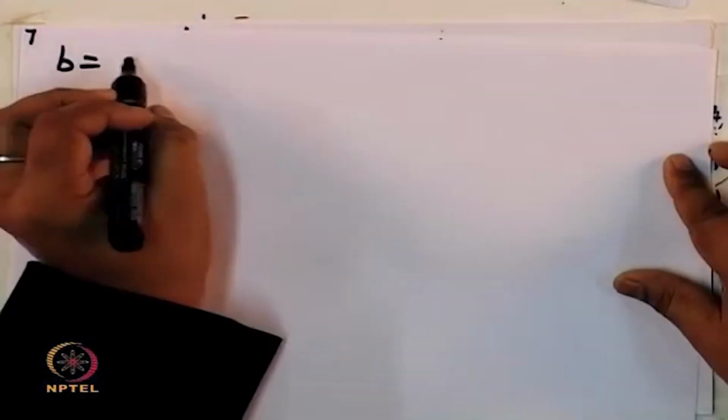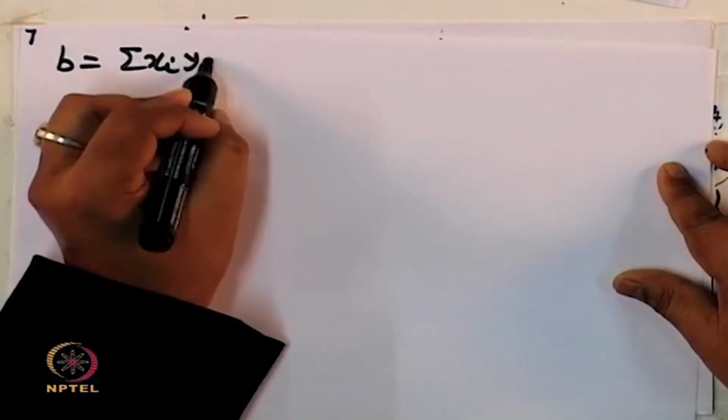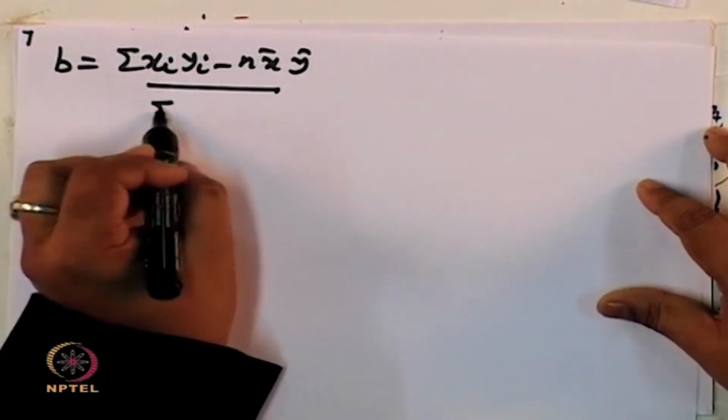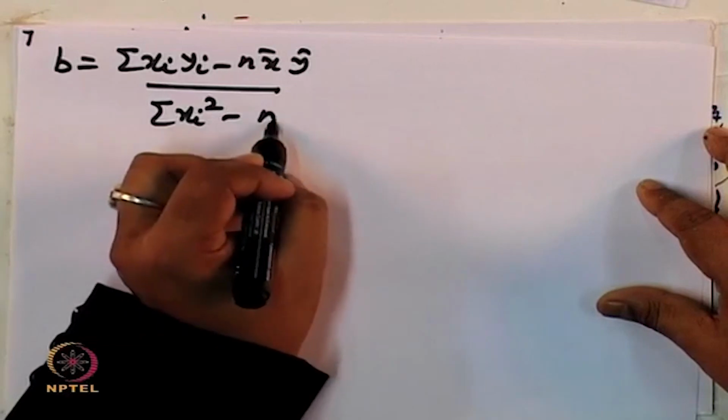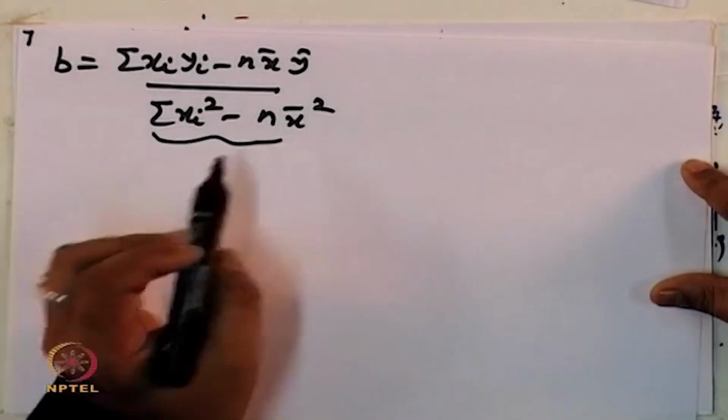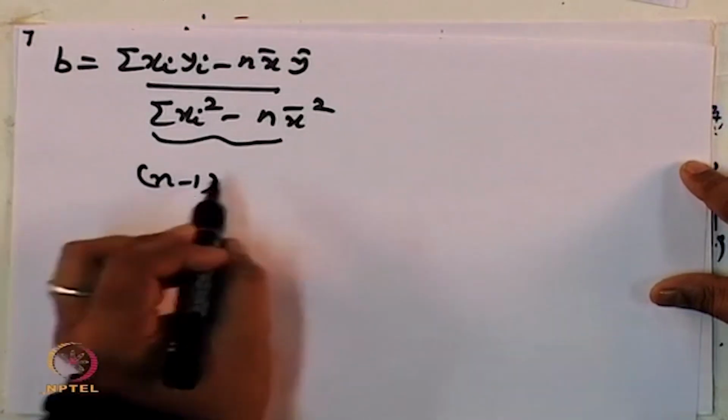Okay. So, let us see what is this, so again I will write down the expression for b, this summation xi yi minus n x bar y bar by summation xi square minus n x bar square, right. So, what is this? This is nothing but n minus 1 into s x square.